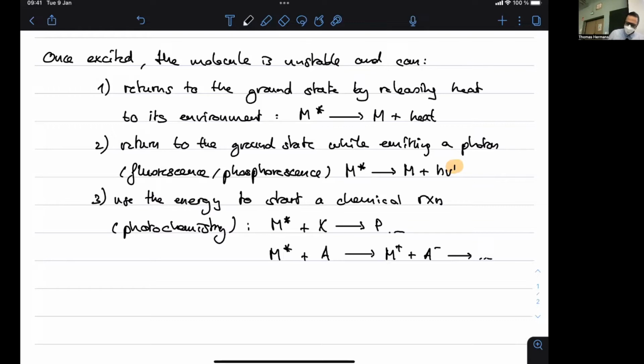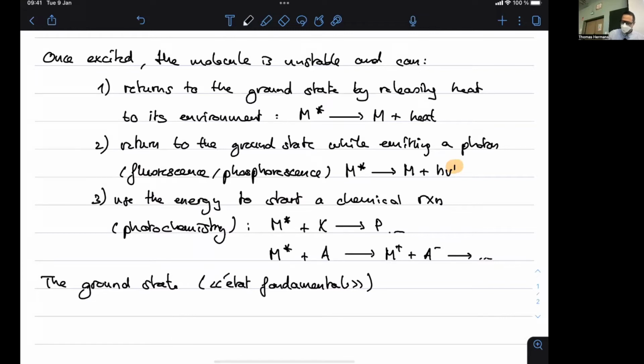So the ground state, or the état fondamental, is the lowest energy state of the molecule.